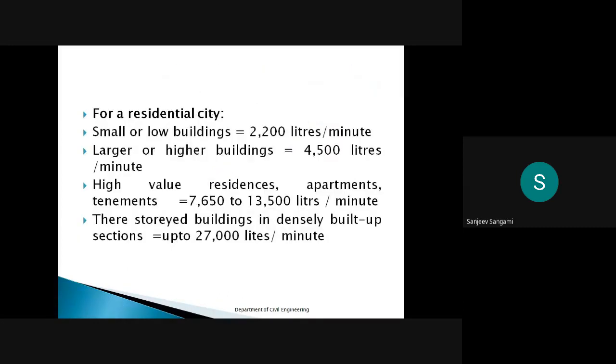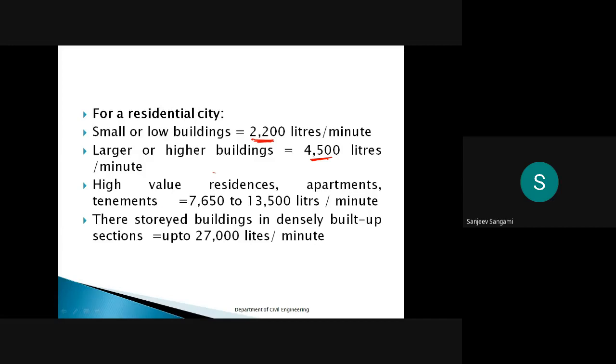Suppose it is a residential area with small or low buildings, you can use the value directly, no need to calculate with the formula. You can use 2200 liters per minute as the required Q. If it is larger or higher buildings, then you have to use 4500 liters per minute.